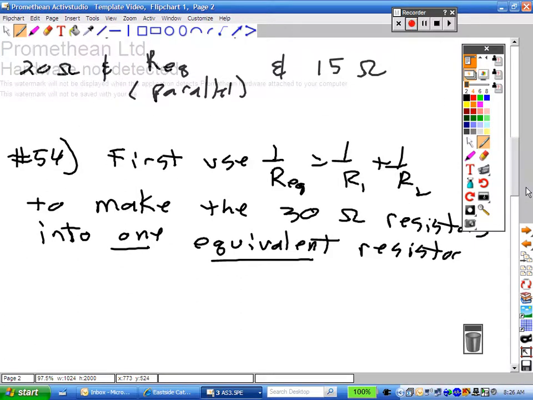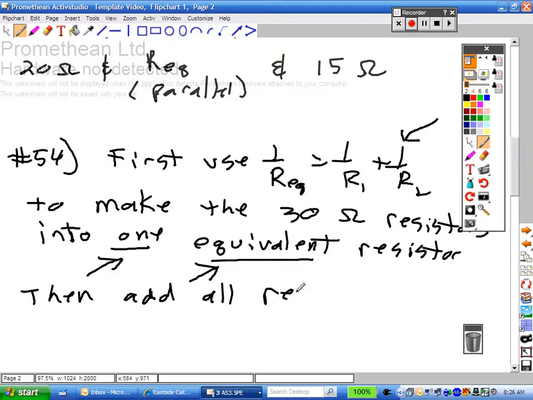Great, let's look at number 54. Again, as you're getting used to, we are going to use the equivalent resistance rule for a parallel circuit. The 30 ohm resistors can be combined to make one equivalent resistor. When you're finished with that, then you have a simple circuit, and you can add all the series resistors together.